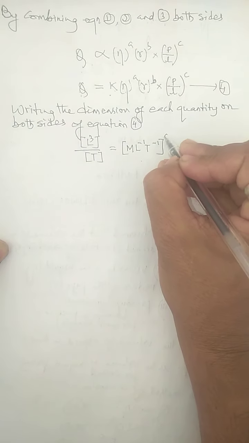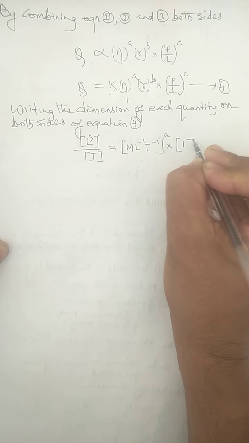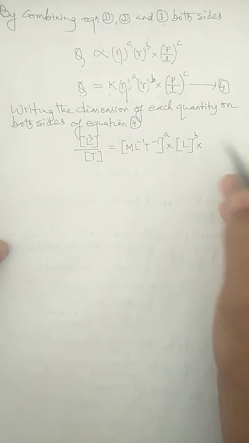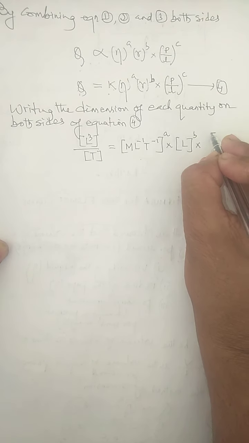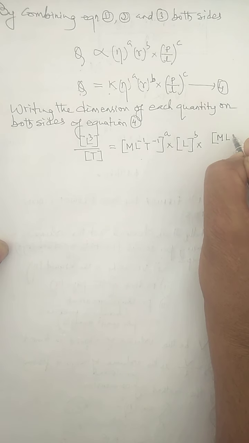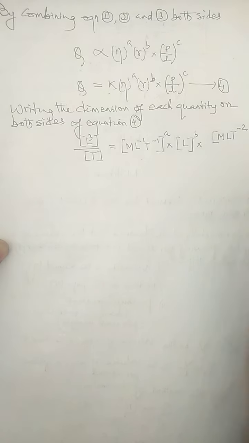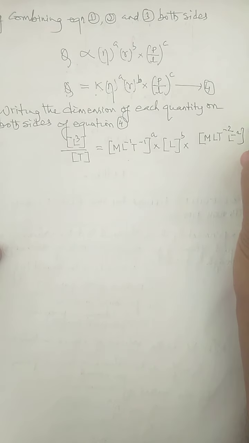But there is a power A. Similarly, the radius dimension is L only, with power B. Now the pressure dimension, yes children, you have learned pressure dimension. The dimension of pressure is M L minus 1 T minus 2, with power C.